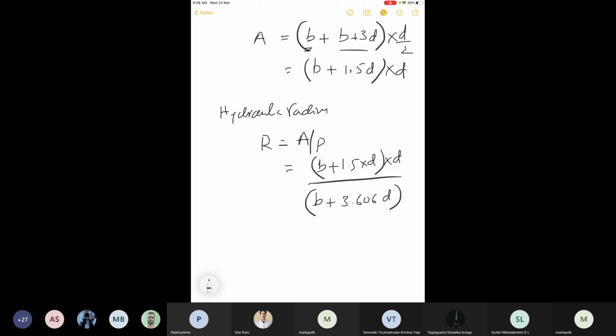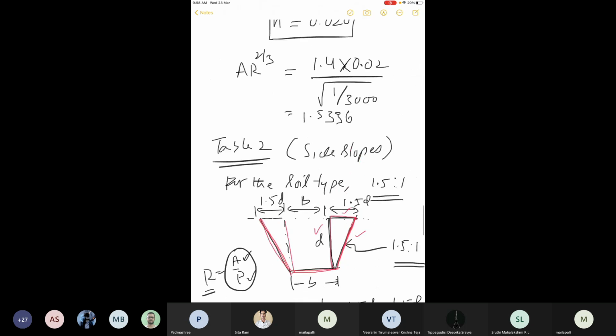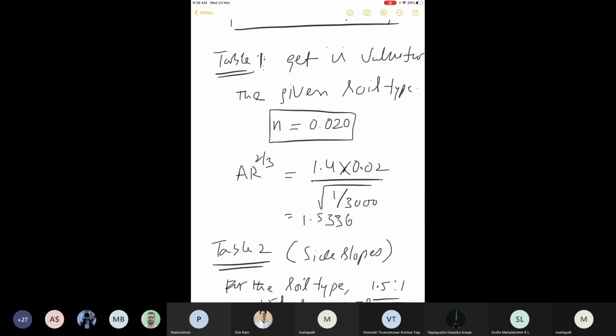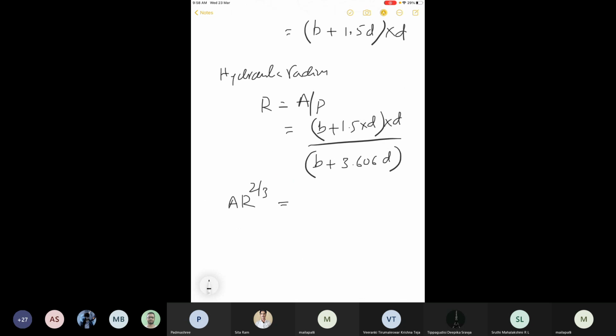Okay. Now A R power 2 by 3, which is equal to, it's already there. We have that value. A R power 2 by 3 value is here. You see it here. So we are going to equate this A R power 2 by 3 with this equation.